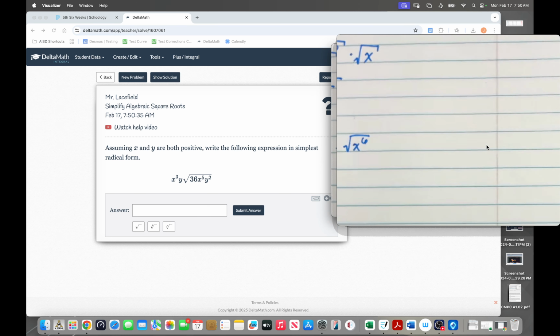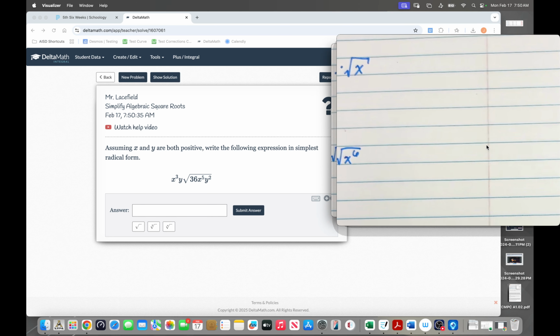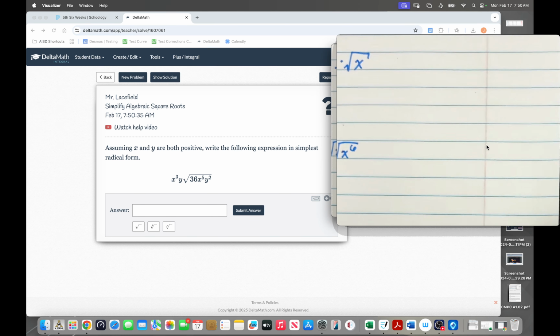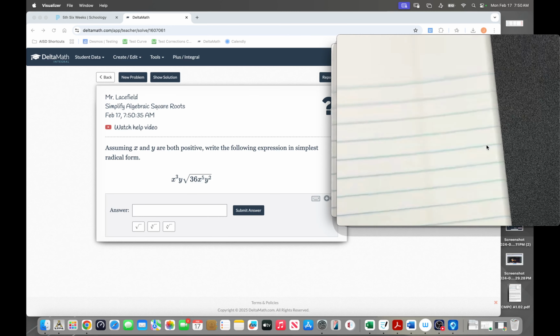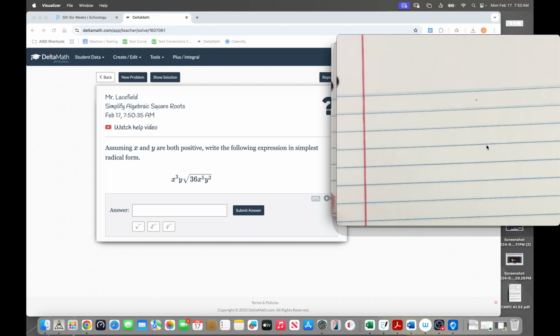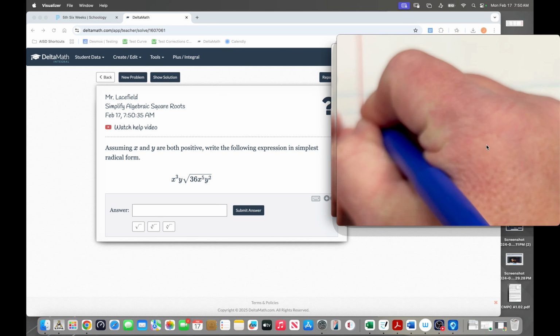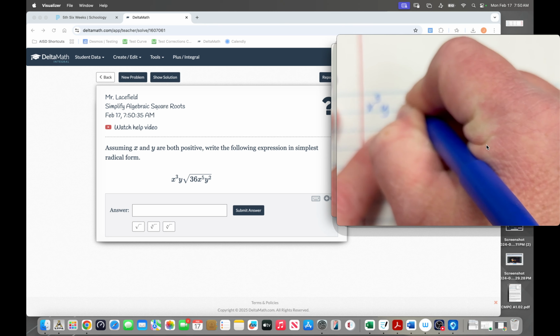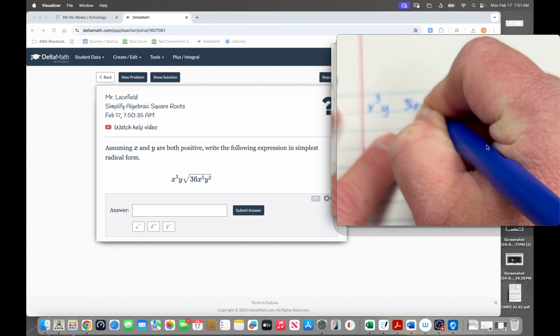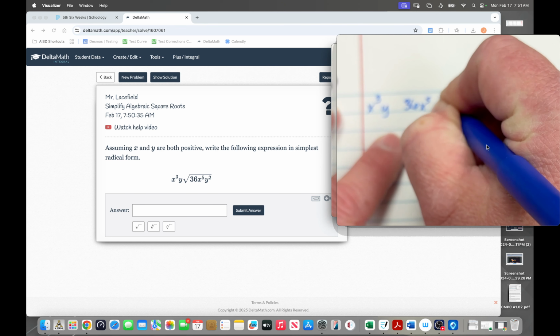All right, let's move on to one more. And we have x cubed y times square root of 36x to the fifth y squared.